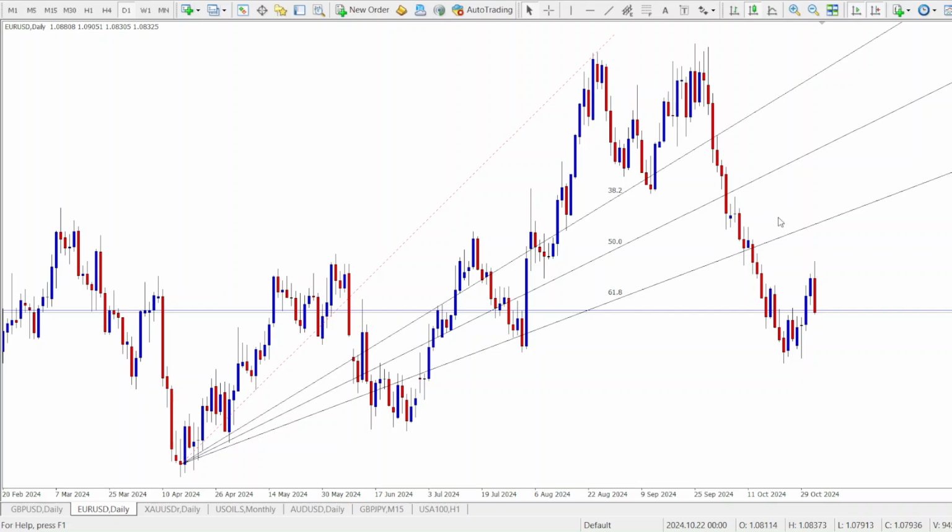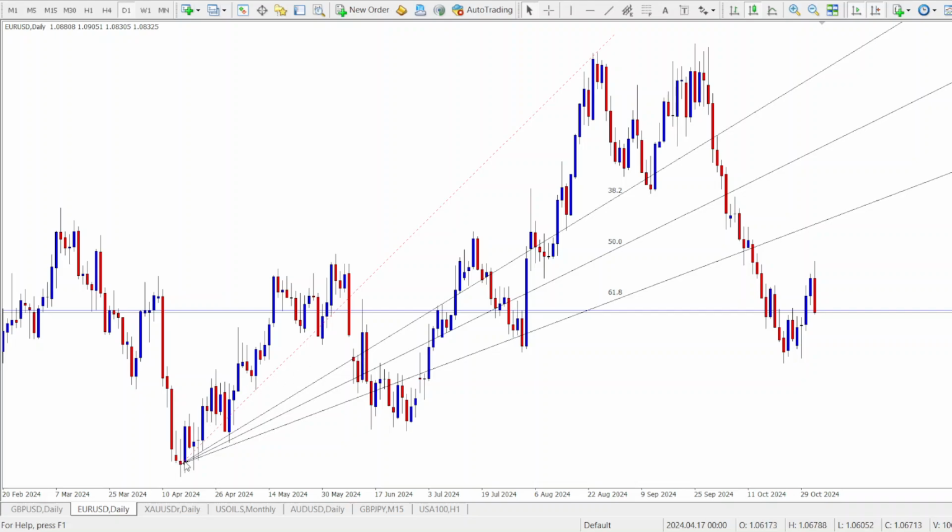So let's break down how Fibonacci fans are actually used. First, let's start with some basics. Fibonacci fans are built using a set of Fibonacci ratios, typically 38.2%, 50%, and 61.8%, as we can see here. To draw a Fibonacci fan, you pick a major high or low.